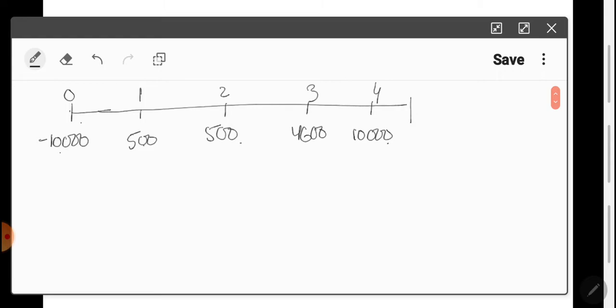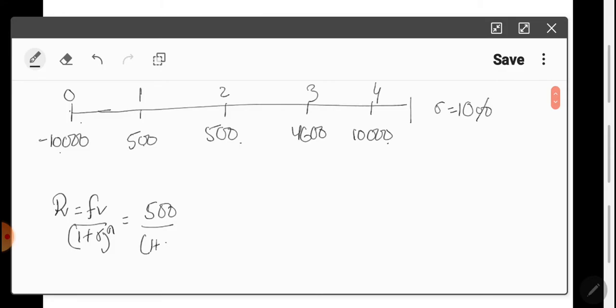So we're going to use the present value formula to do that, which is FV over (1 plus R) to the power n. So the future value is 500. Rate हम अभी assume कर लेते हैं that it is 10%. Later on your question will specify the rate, okay? You're not supposed to assume it. Then over here 1 plus 0.1. Now for the first cash flow, the power that will come is 1 because it is coming back 1 year.